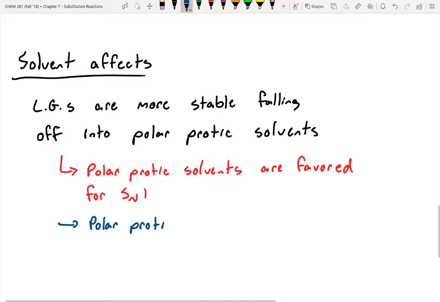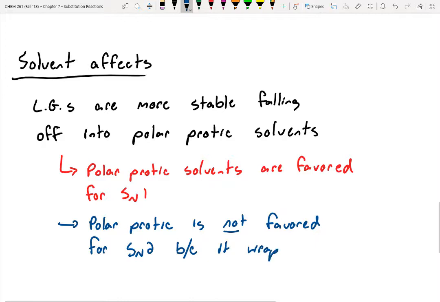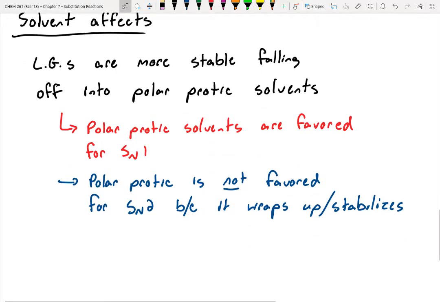Polar protic is not favored for SN2 because it wraps up/stabilizes your nucleophile. Does that make sense? I know there's a lot going on.